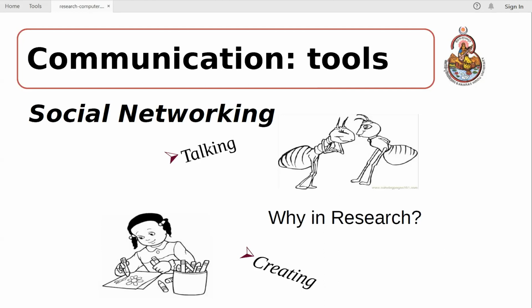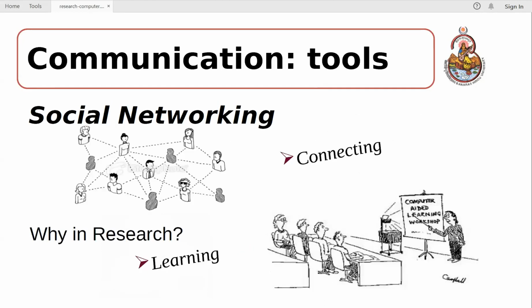You can use social networking for creation, to write, to collaborate jointly together. It is an excellent tool for creation. You can connect with people whom you do not even know, but you share the same experiences or the same interests. So it connects you to people of the same interest.